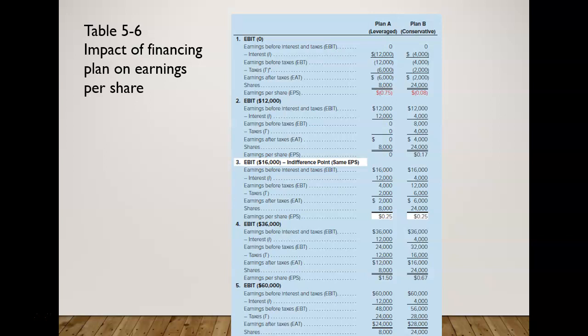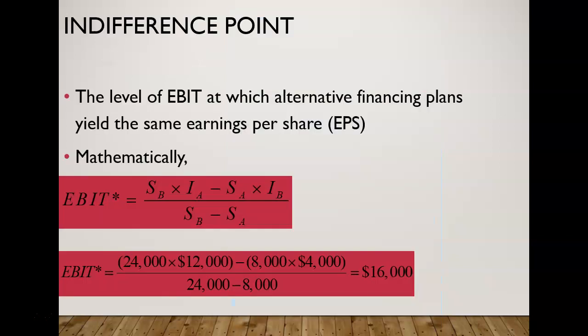And again, it shows how the ability for the company to generate more income is magnified when there is greater leverage. But losses will also be magnified when there is greater leverage. So the indifferent point is the level of earnings per share at which alternative financing plans yield the same earnings per share.